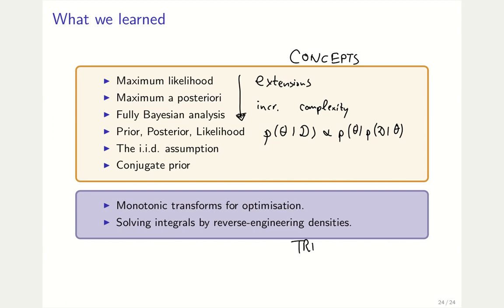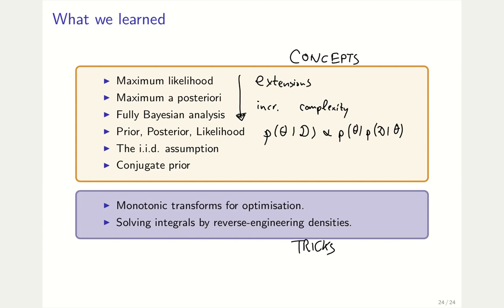And then we also found some nice tricks. The first trick was that when we were optimizing a function, sometimes taking the derivative is very complicated. But often we were only interested in the position of the maximum, not really the value of the maximum.